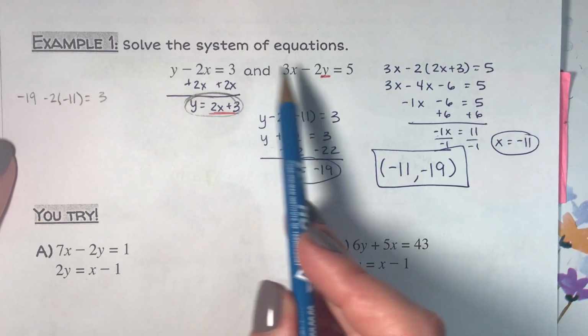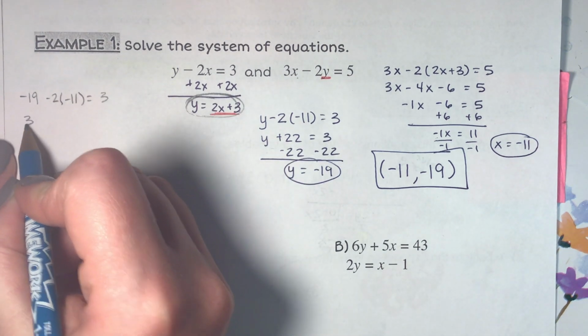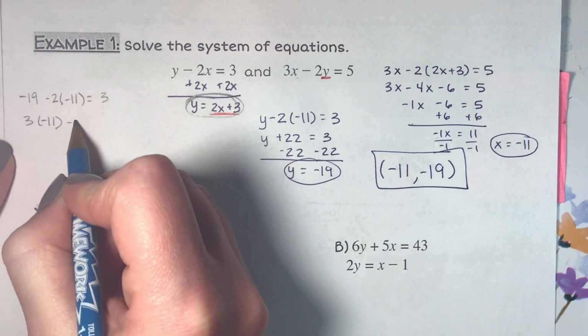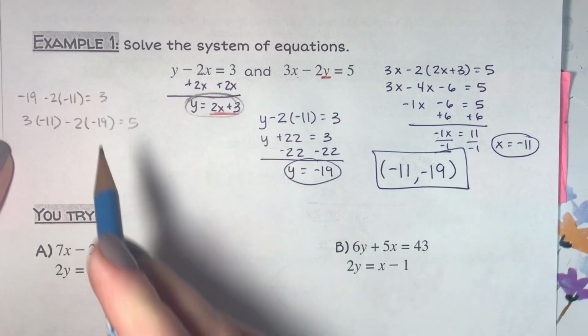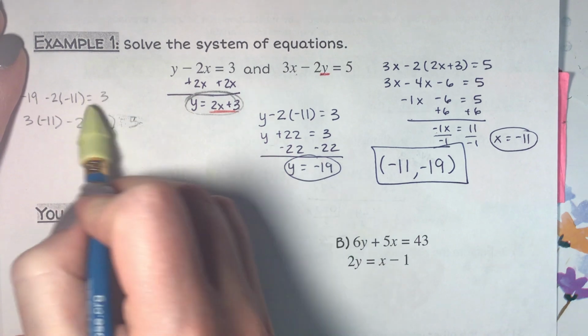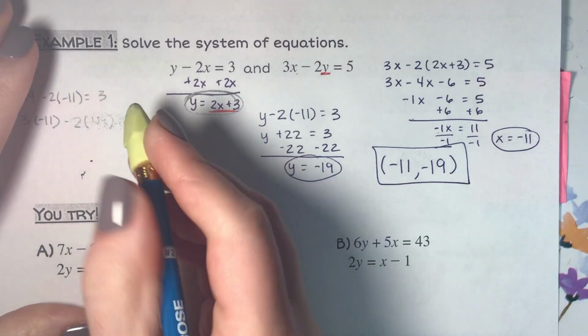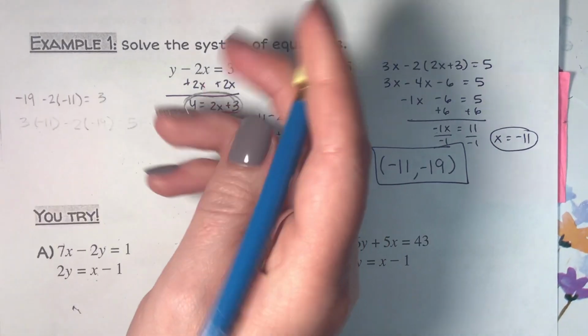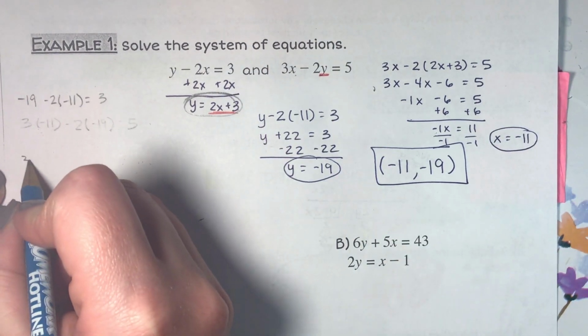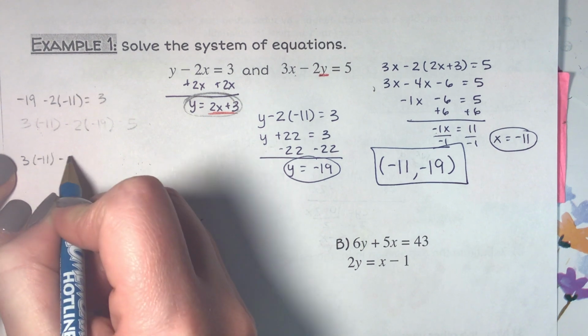That was my first problem. And then I have 3 times negative 11 minus 2 times negative 19 is equal to 5. Oh, I needed to put some space in there. I apologize. Let me rewrite that a little bit lower so I can work through these.